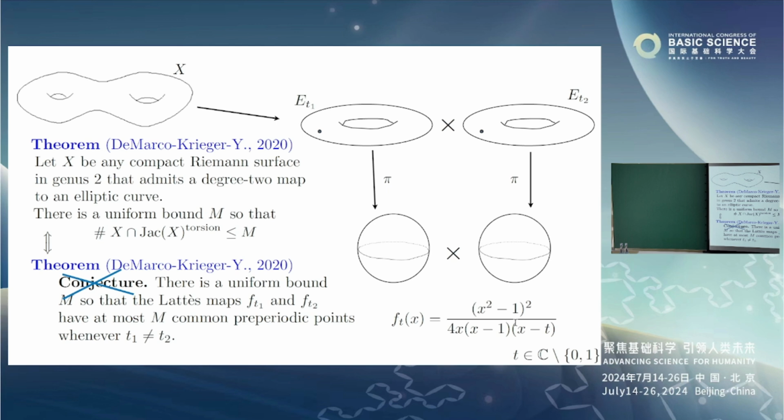So the first coordinate and second coordinate are both torsion points of this abelian variety. Then you can lift the diagonal: you start with the common preperiodic points on the diagonal, and then you lift, you get a curve, and you normalize this curve, you get a genus 2 curve. If you embed it in its Jacobian, then you have the isogeny from the Jacobian to here. And if you understand this, then you understand the torsion points. So that's the connection.